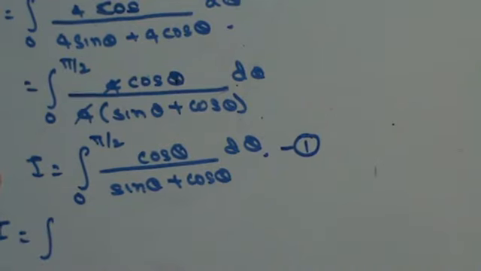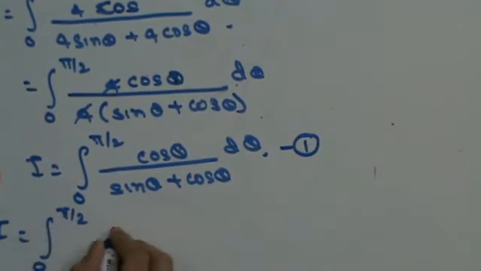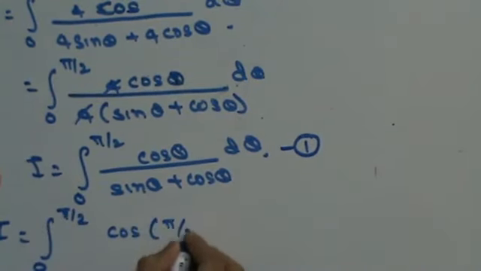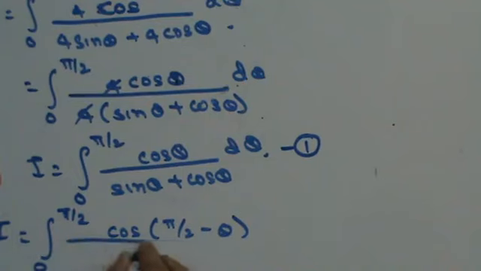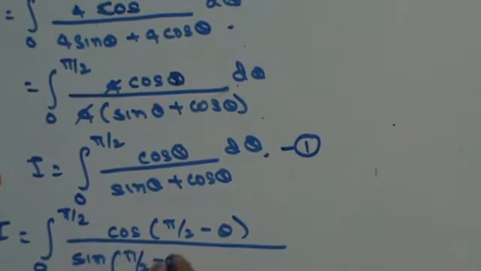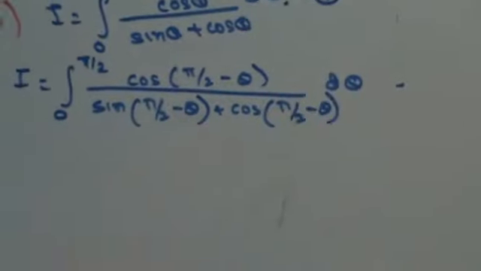Now, I can say that I is equal to, if I use the formula integral of 0 to a f of x dx is equal to integral of 0 to a f of a minus x dx. So this is 0 to pi by 2 cos of pi by 2 minus theta upon sin of pi by 2 minus theta plus cos of pi by 2 minus theta d theta.